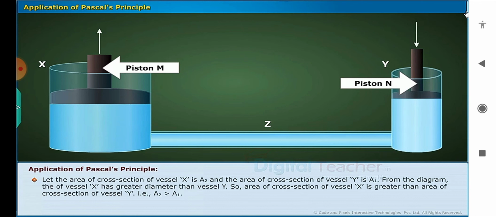Let the area of cross-section of vessel X be A2 and the area of cross-section of vessel Y be A1. From the diagram, vessel X has greater diameter than vessel Y. So, the area of cross-section of vessel X is greater than that of vessel Y. That is, A2 is greater than A1.